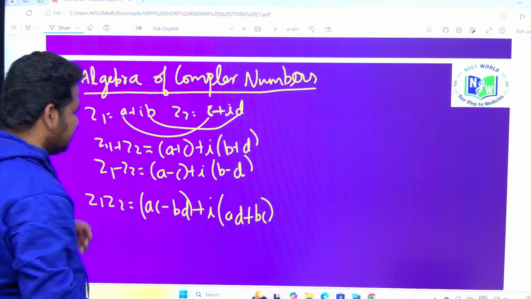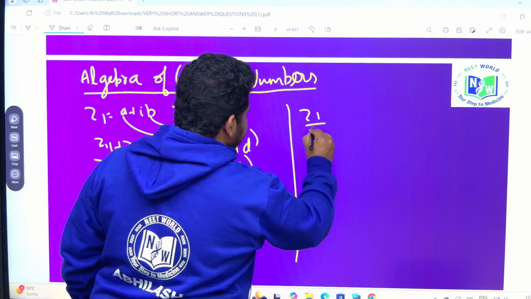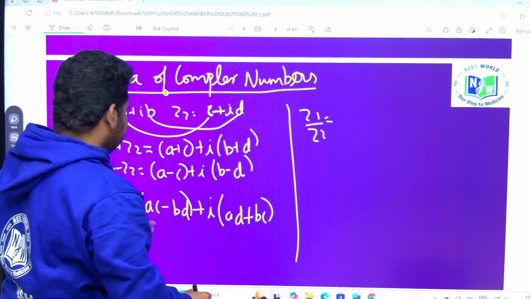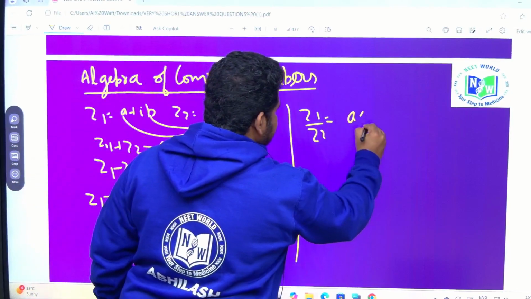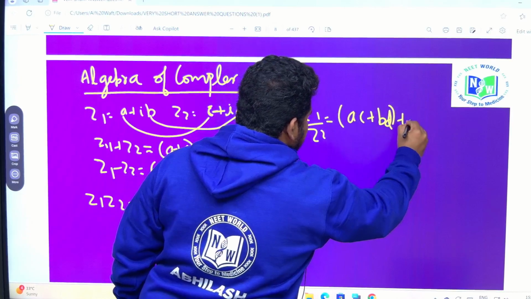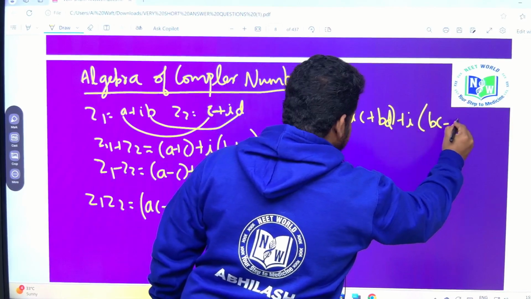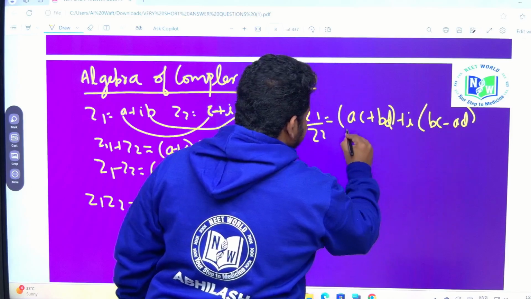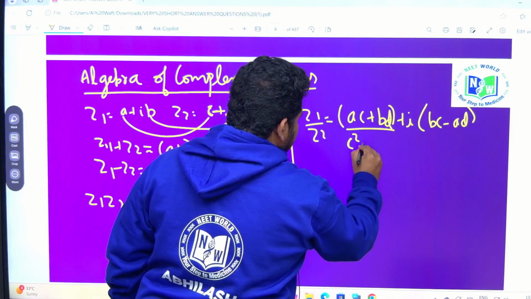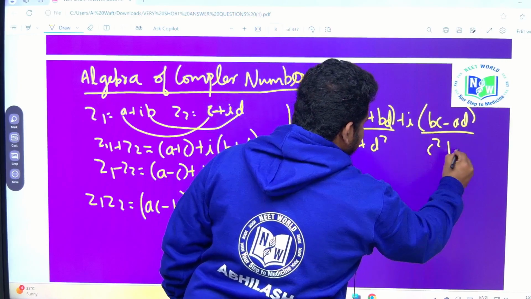This is for multiplication. For division, z1 by z2 becomes (ac plus bd) plus i into (bc minus ad), divided by c square plus d square.